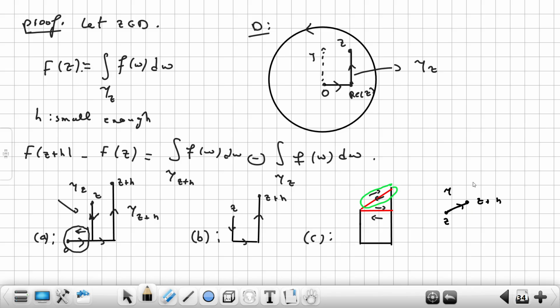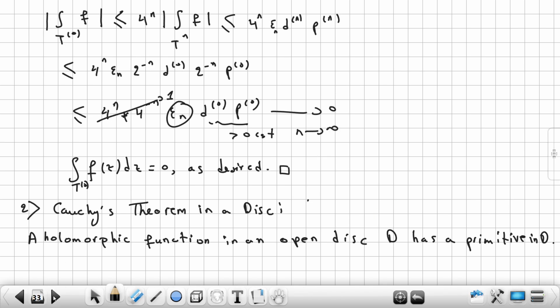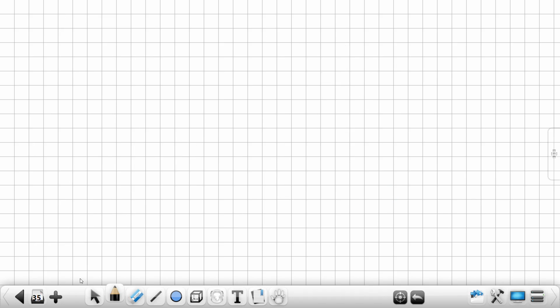Call it eta. Now we can write the difference, F of z plus h minus F of z, equals the integral over eta of f of w dw.